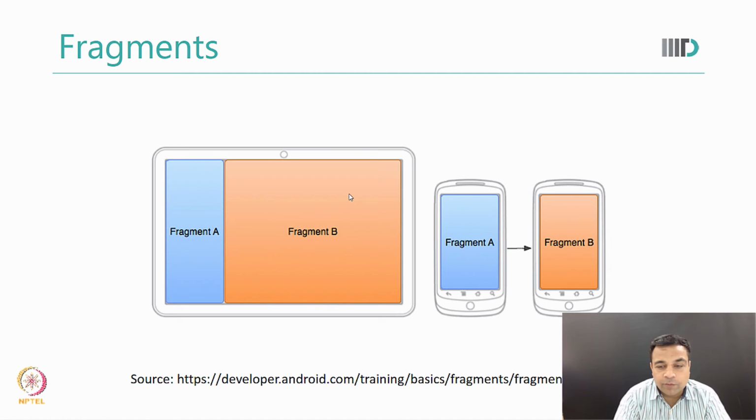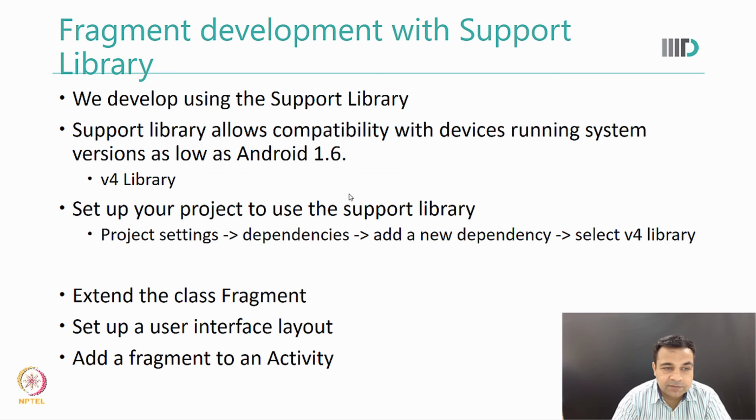Now there are a few more important things with fragments. The most important thing is that we develop fragments using a support library provided by Android. Android provides two implementations of fragments, one in the support library and one in the Android OS. And contrary to our intuition, we use the version which is provided in the support library.